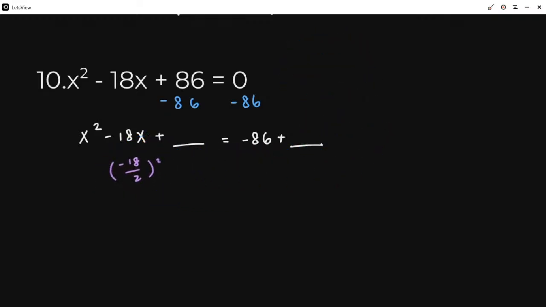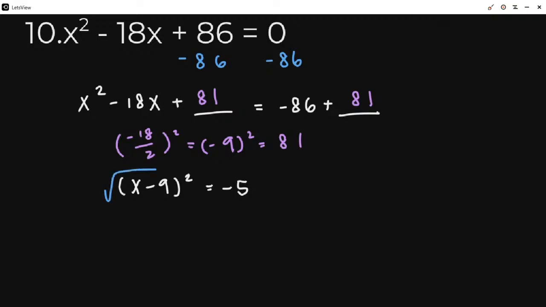Okay, so then that would be negative 9 squared, which is 81. So that means I'm going to add 81 to both sides.